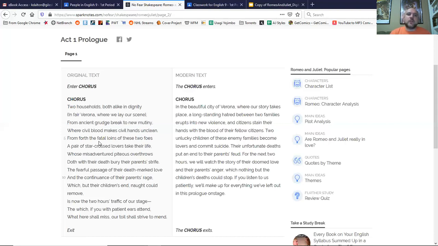From forth the fatal loins of these two foes, a pair of star-crossed lovers take their life. So when it says, from forth the fatal loins of these two foes, it means the children of these ancient foes, the Montagues and the Capulets, their children, Romeo and Juliet. They're star-crossed lovers. Now, star-crossed is a reference to the fates being against them.